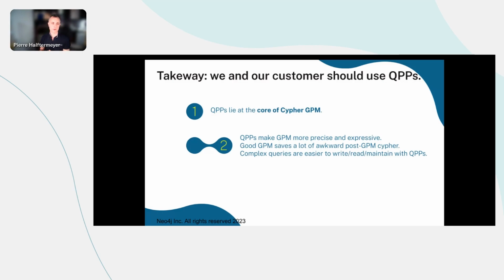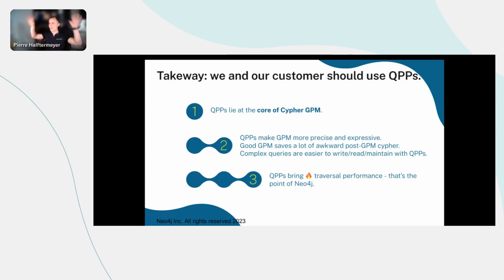So when you have a QPP based query, it's easier to write, to read, to maintain, and in many cases more efficient, because QPP bring higher traversal performance because you're pruning. You are not exploring your neighbors and all the neighbors of your neighbors and all of their neighbors, which is a power law complexity. You are pruning and going straight to the target.